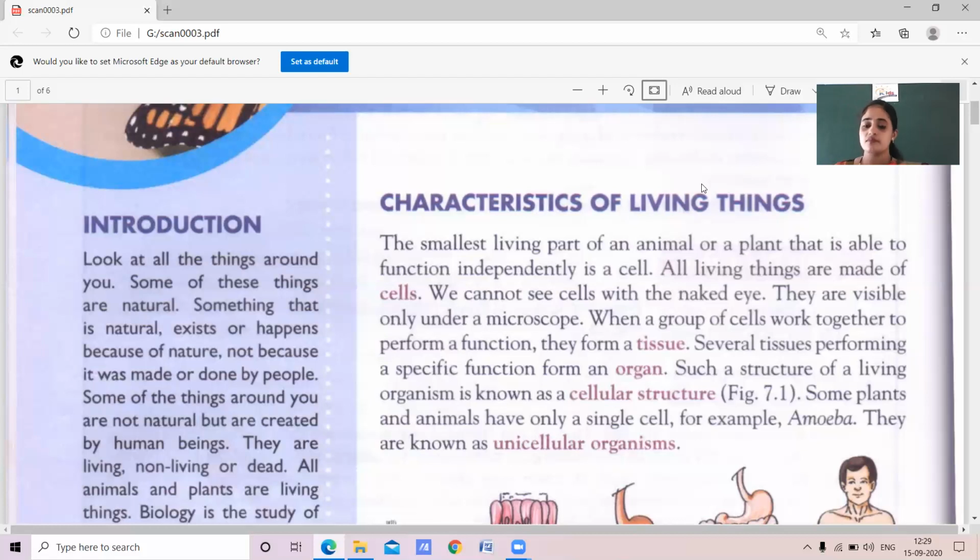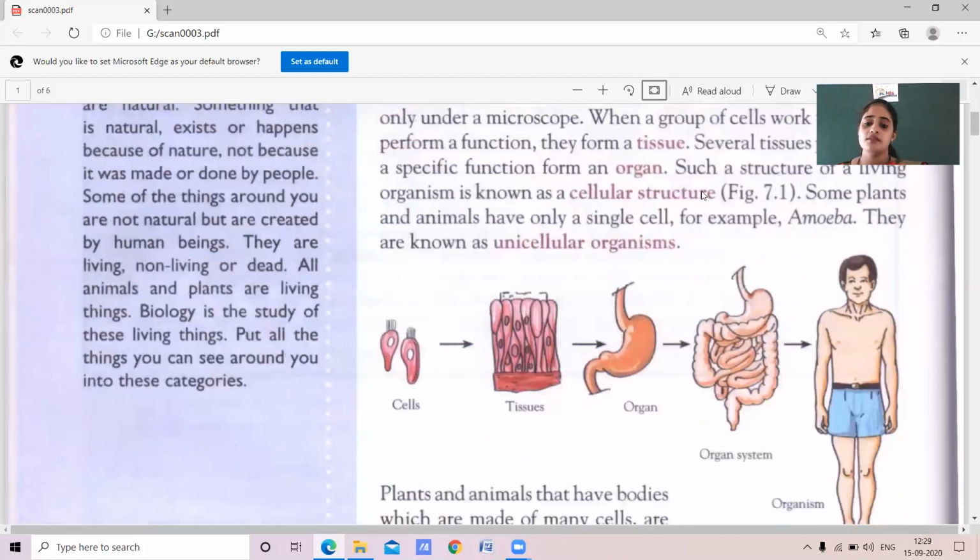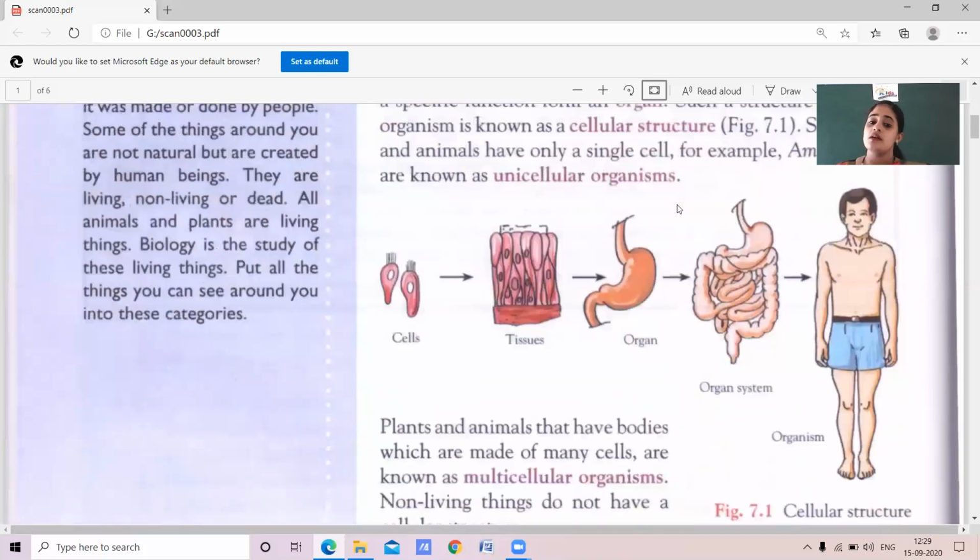Okay, now see here, if you see the picture, the basic unit is a cell. A group of cells together constituting one structure, it is a tissue. Here, next, if you see, an organ they have given is the stomach.